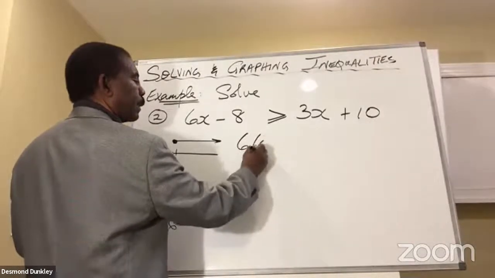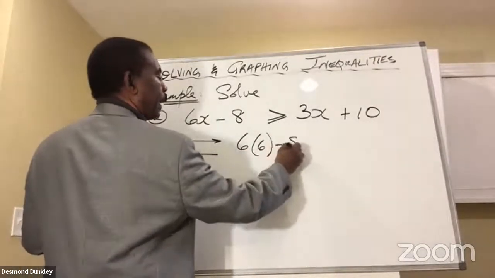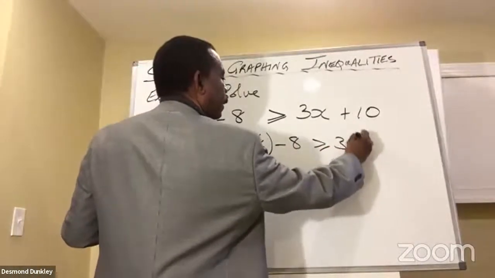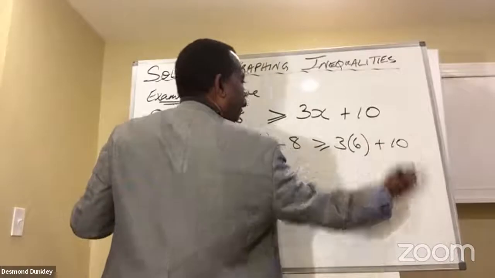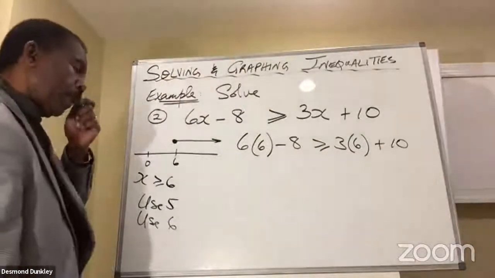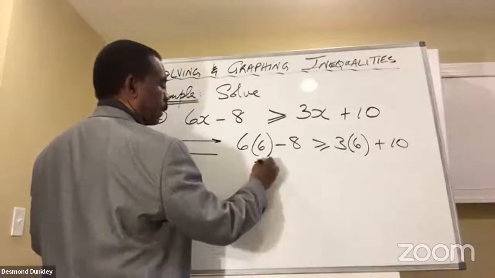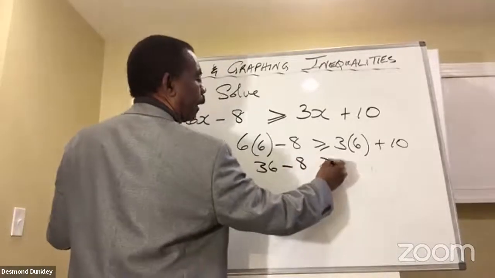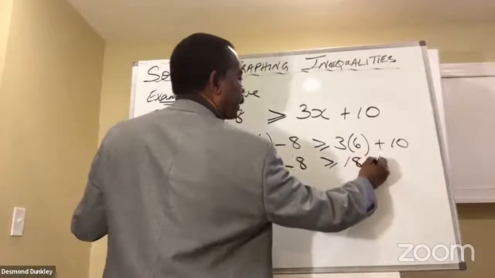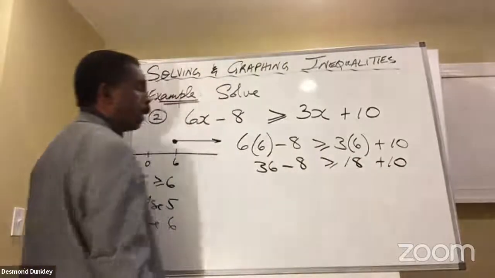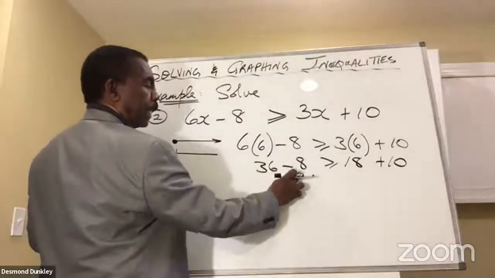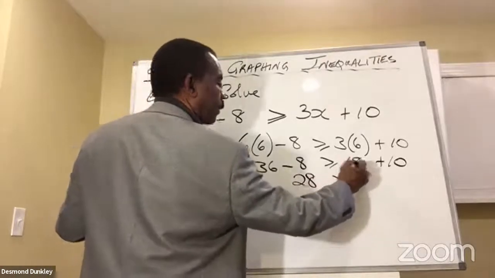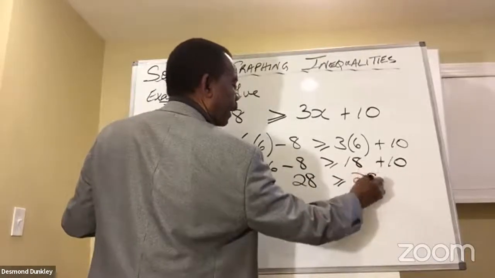Six times 6 minus 8. Is that greater than or equal to 3 times 6 plus 10? 6 times 6 is 36 minus 8. Is that greater than or equal to 18 plus 10? 36 minus 8 is 28. Is that greater than or equal to 18 plus 10 is 28?